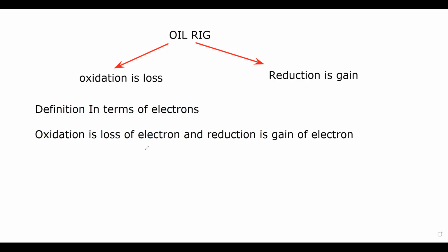Example: we have a zinc atom, it loses electrons and turns into a zinc ion. So whenever an element or a substance loses electrons, we call that change oxidation. So we say oxidation happened for zinc, or zinc is oxidized.